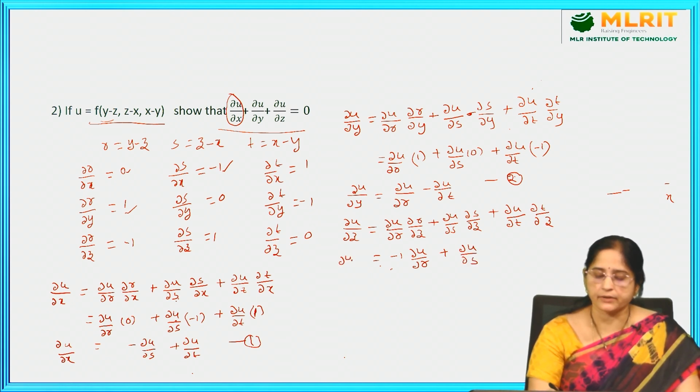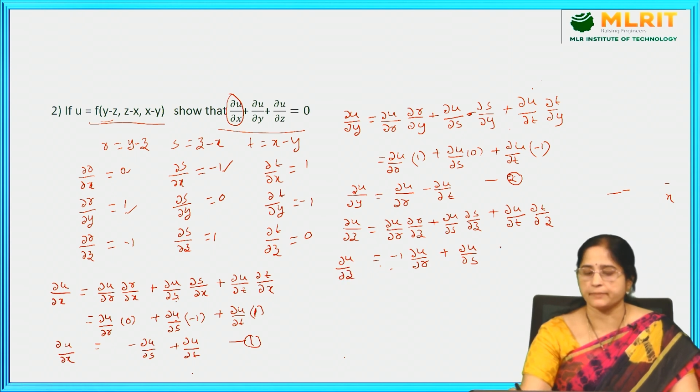Therefore, we can write ∂u/∂z equal to this. This is equation 3.